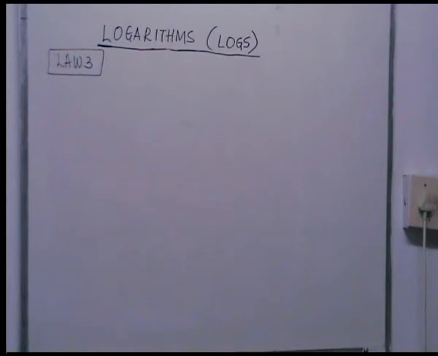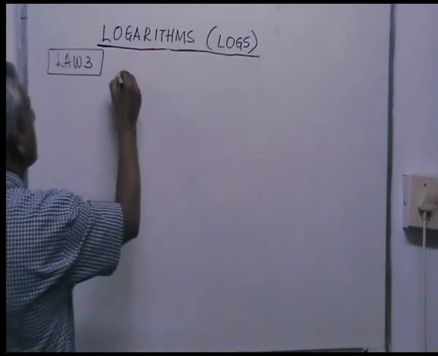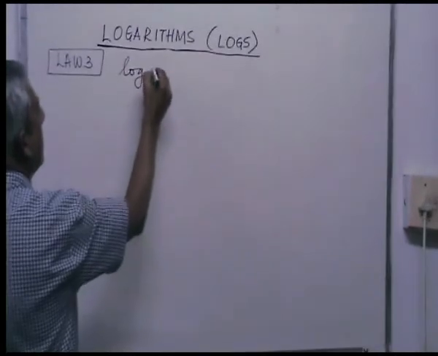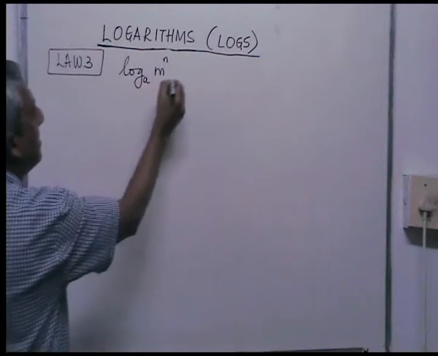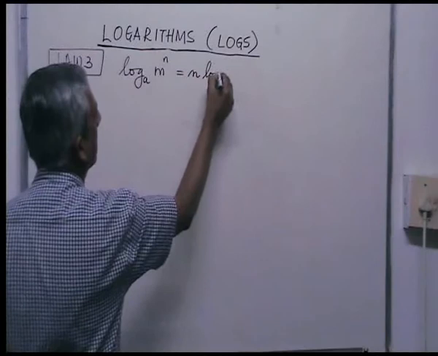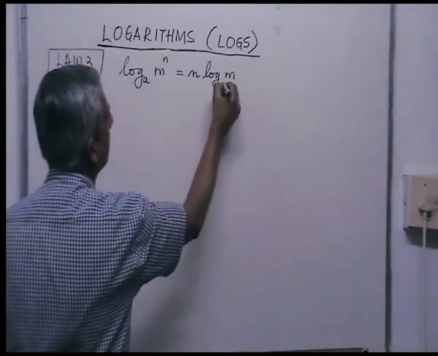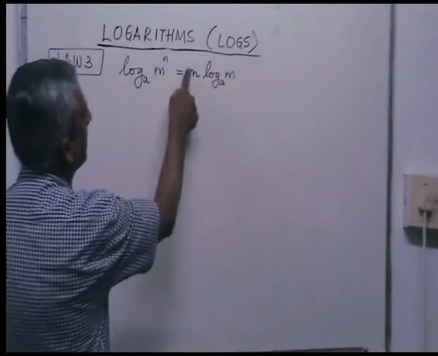Right, welcome back after your short break. Now we're looking at law number 3, and this law says that the log of m to the n to the base a is equal to n log m to the base a. So if you look, you'll see what happened.